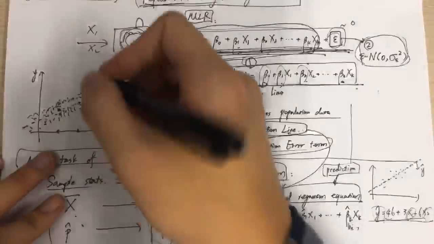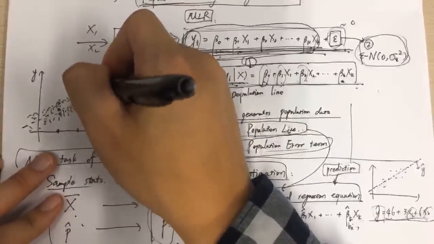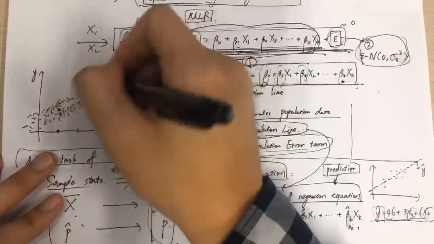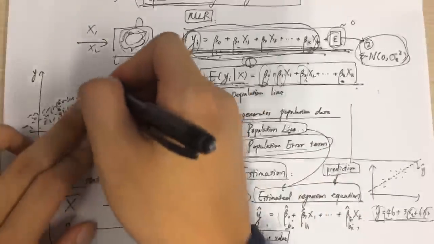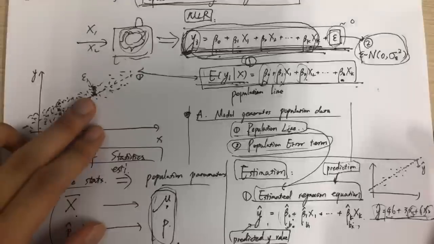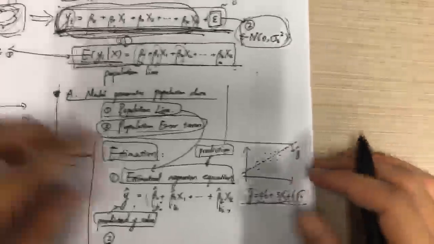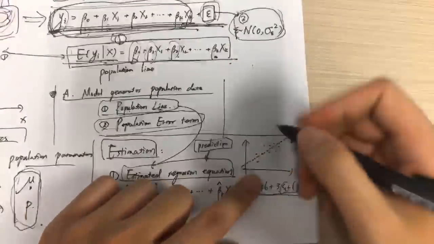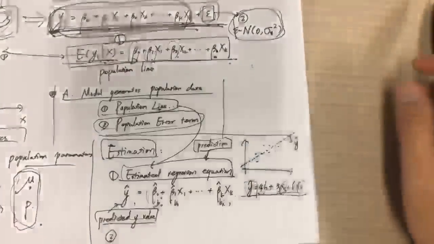Now, the difference between any observed y value and your expected y value, E(Y), is called the error term, right? Therefore, in order to estimate that, when we come back to our small sample, I'll use another color.